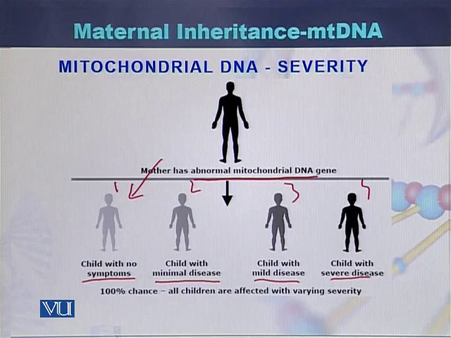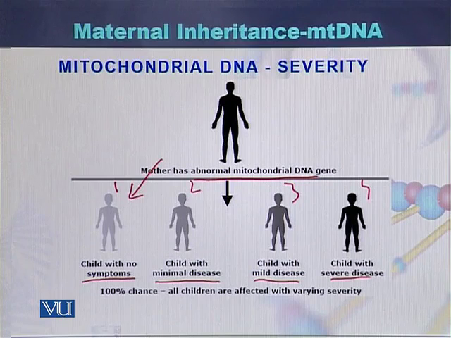It depends on the copies of the mitochondria. If an individual inherits no copy or a low copy number of the mitochondria, it is possible the individual would not develop the symptoms of the disease. But if a child inherits a maximum number of copies of the mitochondrial DNA with a mutation in a particular gene, that individual would have severe disease.